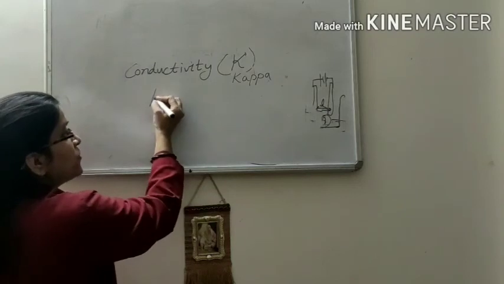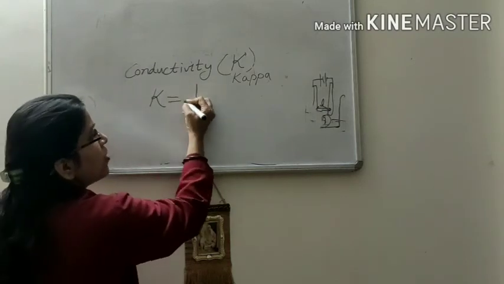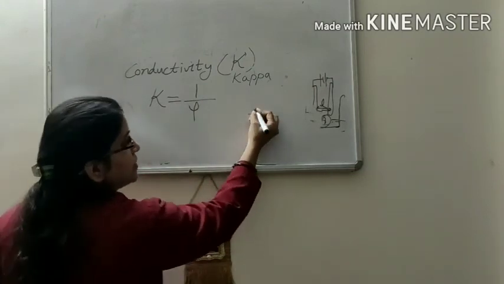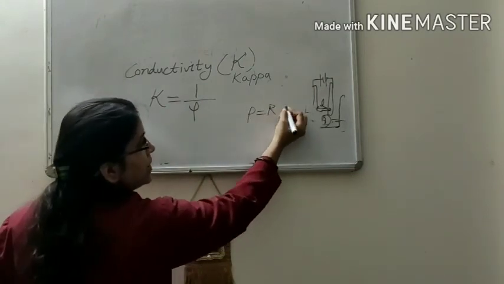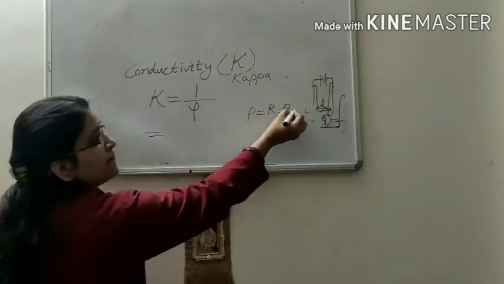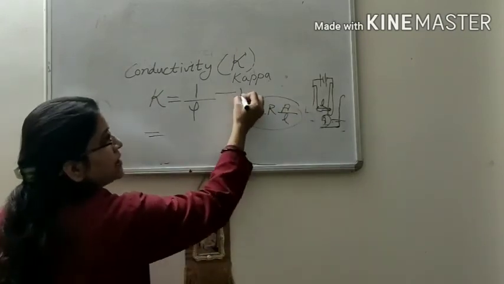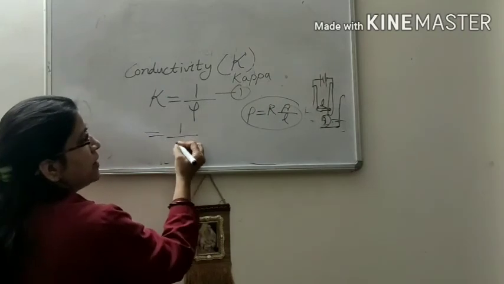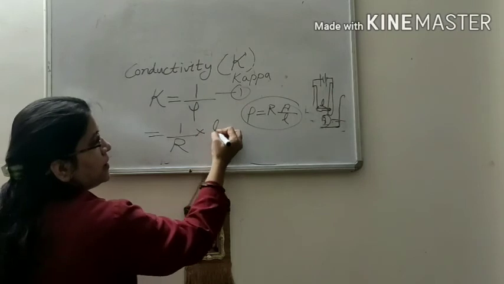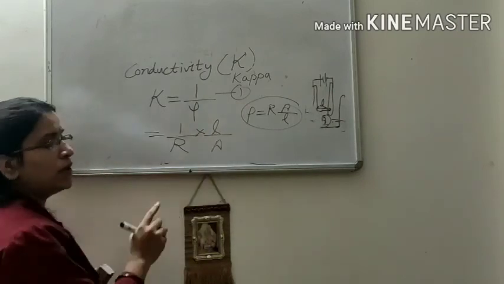It is equal to the reciprocal of rho, 1 upon rho. And you know that rho is equal to R A upon L. So when we put the value of this rho in this equation, you get 1 upon R into L upon A.